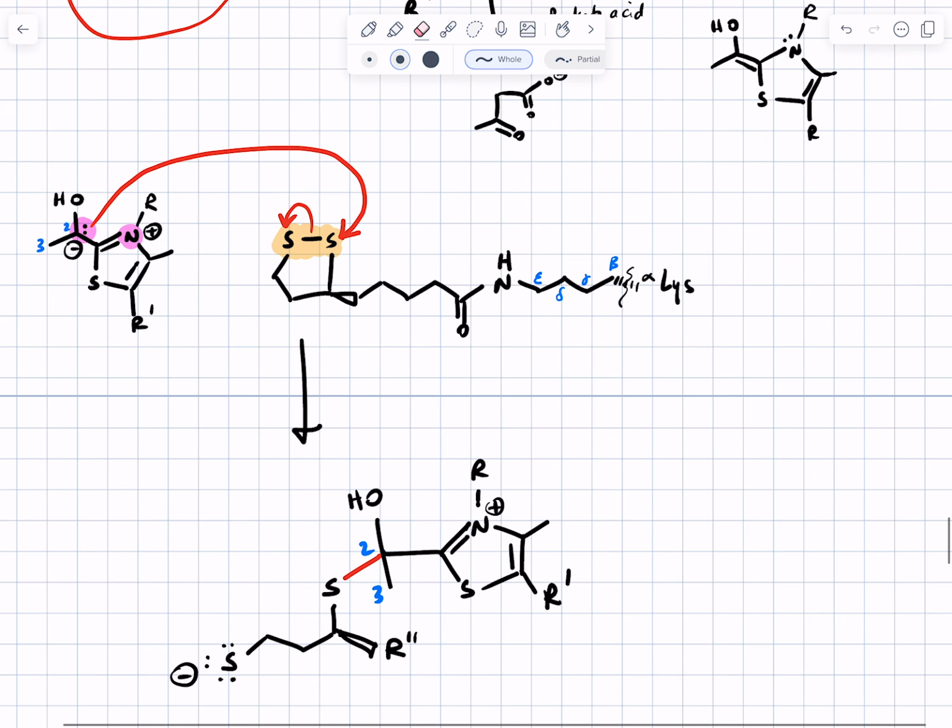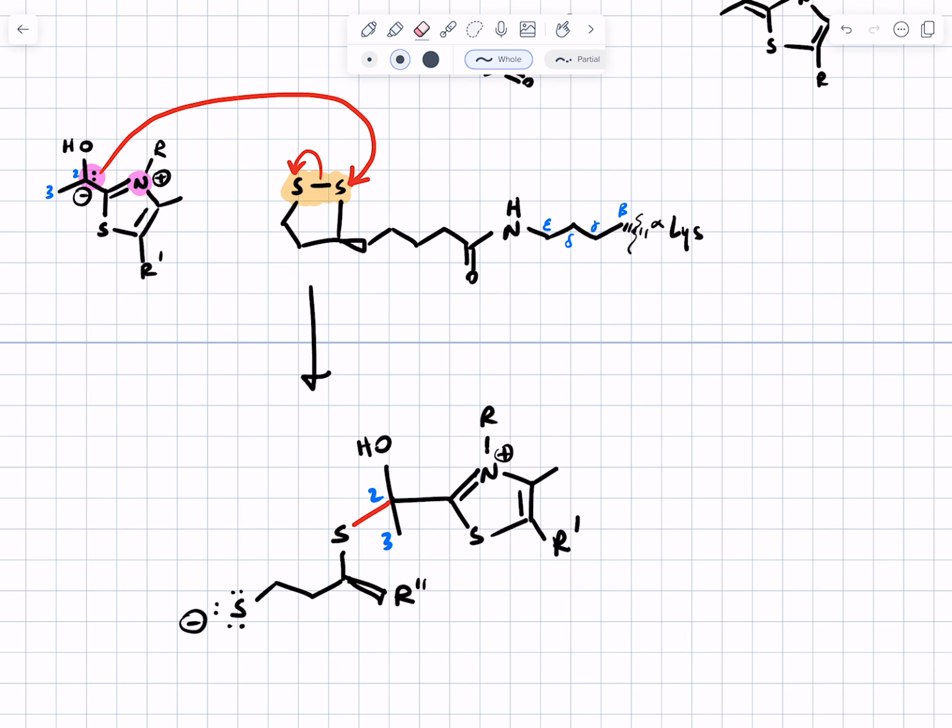Do you have to worry about steric hindrance at all with these interactions? Steric hindrance, in what way? Like, were you thinking about which sulfur gets attacked? Yeah, just the size of the molecules, does that affect reactivity between the two molecules?